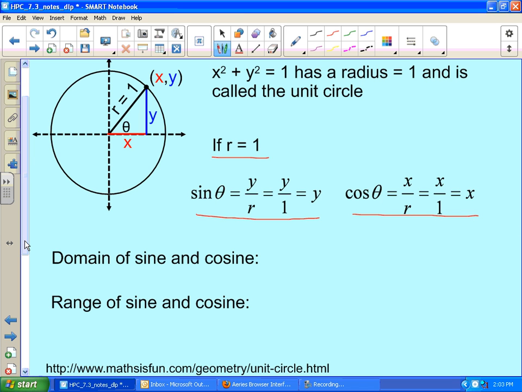All right, now, the domain and the range of these guys. So what's the control variable here for these unit circles? Is it R? What do I mean by what the control variable is? So when we calculate y equals sine theta or x equals cosine theta, let's just stick with the y one for a second.